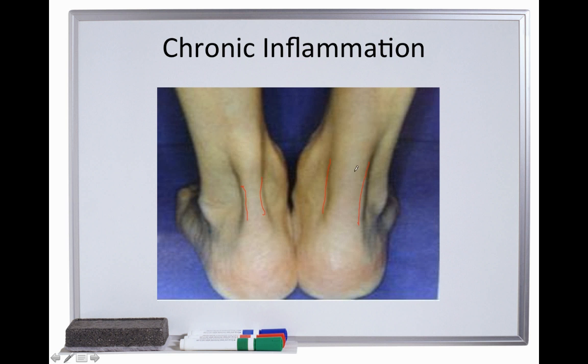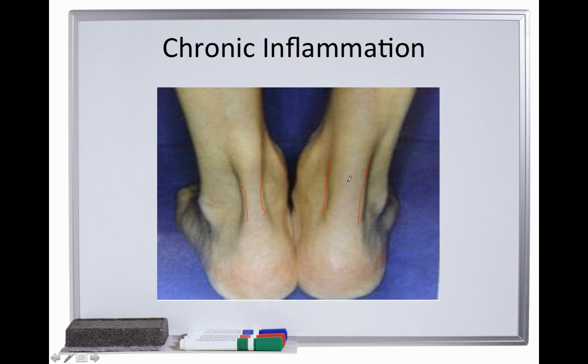It appears swollen. It is not warm to the touch. I'm just going to tell you that. It still has pain. And there may still be loss of function, but you're missing the redness and the heat and that soft, boggy swelling that are your acute inflammatory signs.